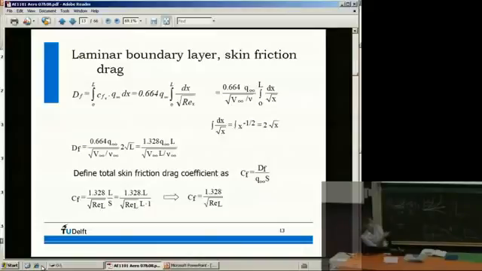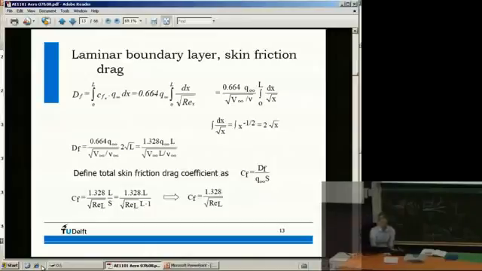So then I have here a Reynolds L and here L. So my drag force is 1.328 Q infinity L over square root of Reynolds L. So it depends very much on the length and on the Reynolds number what the skin friction is, right?